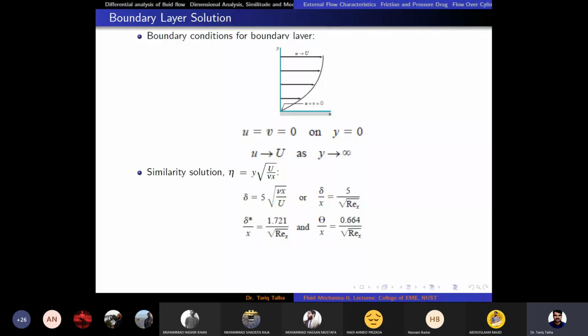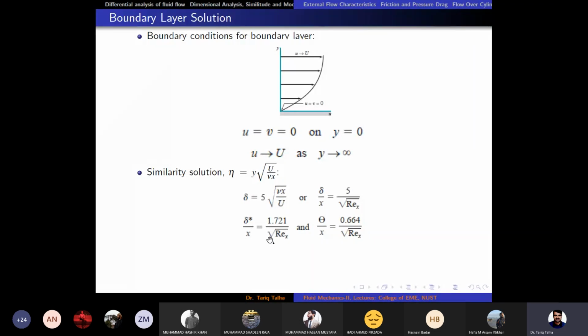But he did it in his PhD thesis in 1907, and he came up with the solution of the boundary layer. He derived the boundary layer thickness as a function of x and Reynolds number, and then the displacement thickness and the momentum thickness.